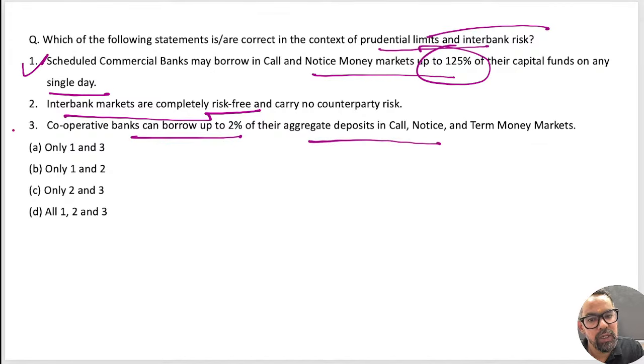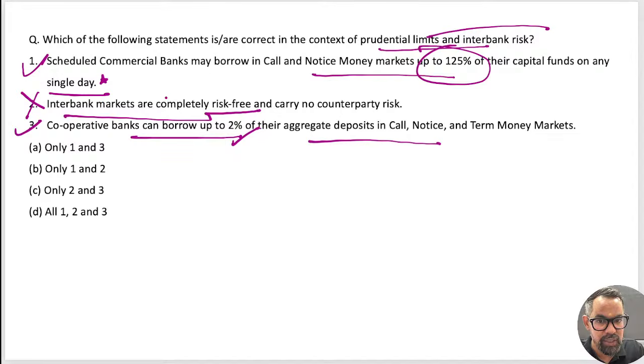Okay, so statements 1 and 3 are right, 2 is wrong. On a given single day it can be 125. Average fortnightly, it should be 100%. When it comes to the third, it is also correct.